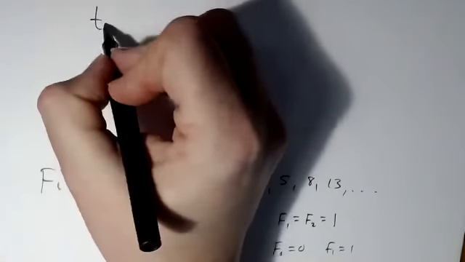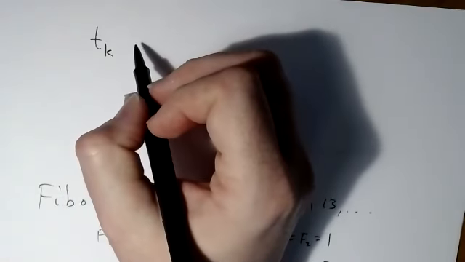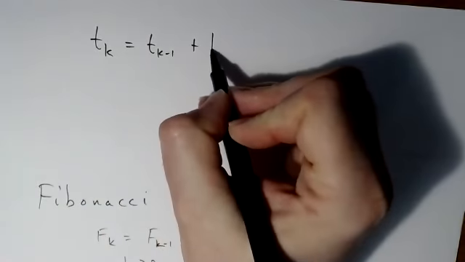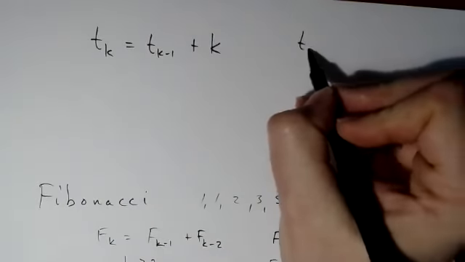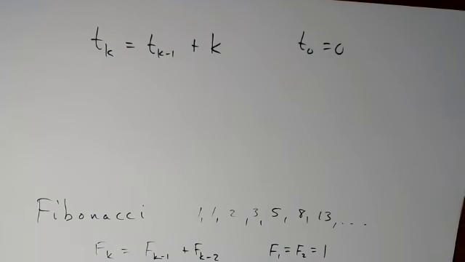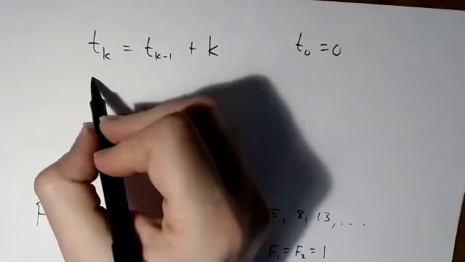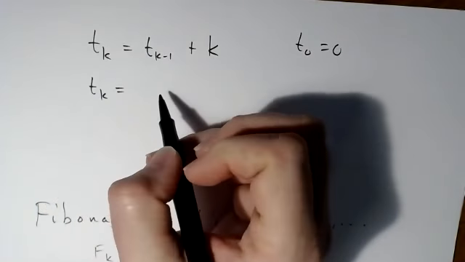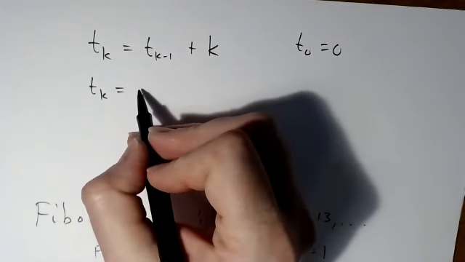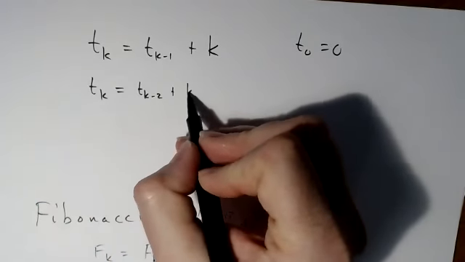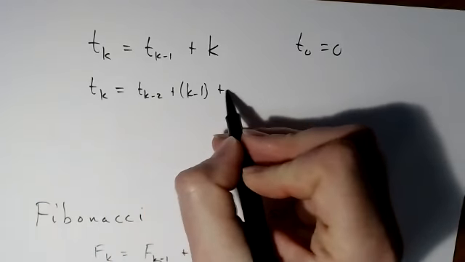Well, t_k equals t_{k-1} plus k, and t_0 is 0. I'm going to unfold this recurrence. So long as k is big enough, t_k equals t_{k-1} plus k, but t_{k-1} is t_{k-2} plus k minus 1, so we get t_{k-2} plus k minus 1 plus k.